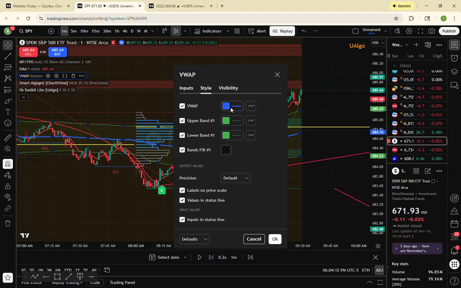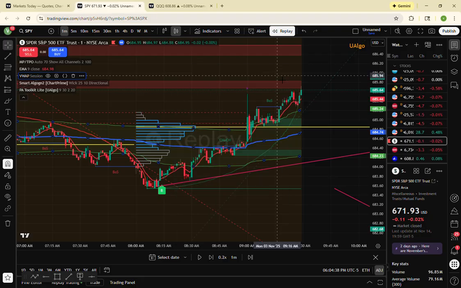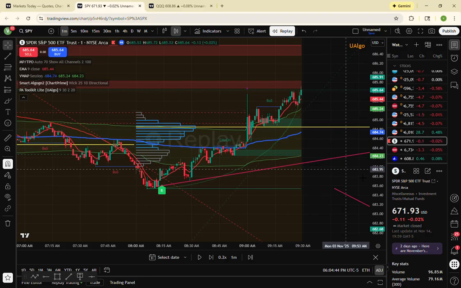You could choose any color that you want. I chose green for both, but literally I don't really use them. The only thing necessary for me is just the VWAP itself, which is this blue line right here. Before I uncheck it, I want to show you the way it looks. This is the green line, the top one and the bottom one. This is VWAP itself.